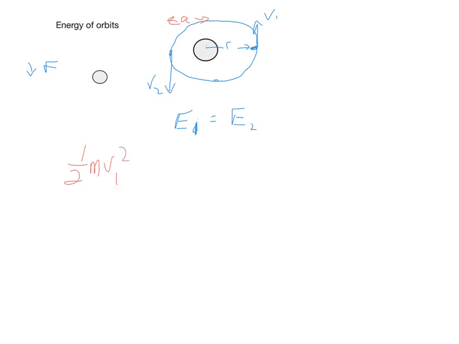And again, v1 is going to be smaller than v2. And it also has its potential at r. That'll have to equal the 1/2 mv2 squared minus the potential at A. It really is set up just like any typical energy problem.